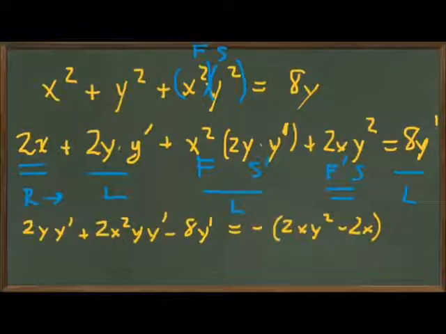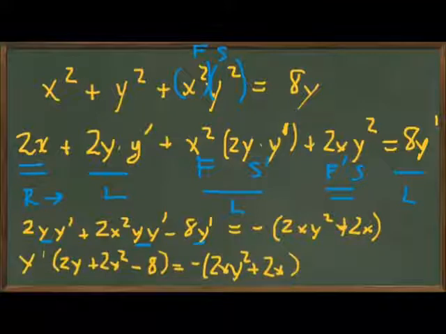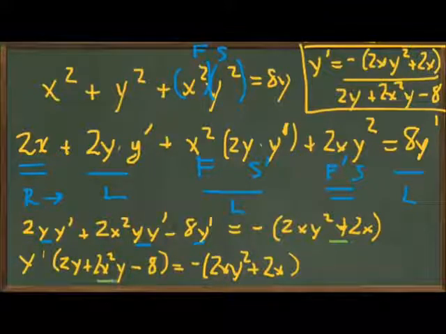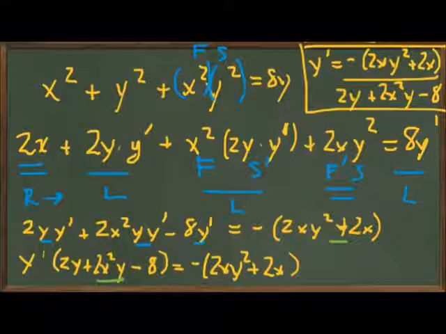So we can factor out the y prime from all of these three terms, and we're going to do that. And notice that I fixed this sign here. It should have been a plus sign. And then we can solve that for y prime. Okay, notice that I fixed a little error here. This should have been 2x squared y, and it's adjusted now. And so here we have our answer, y prime.